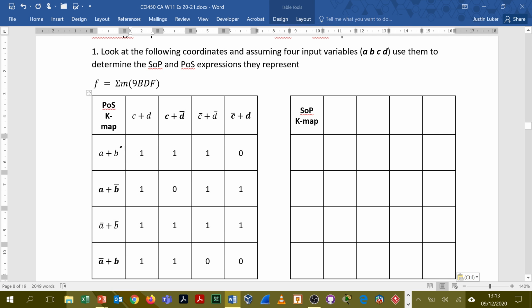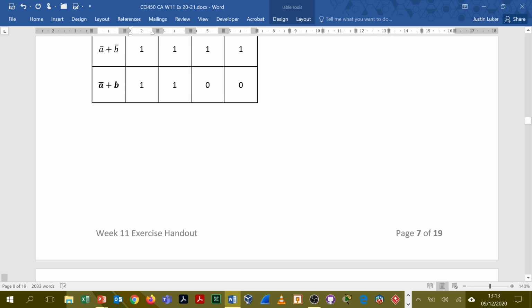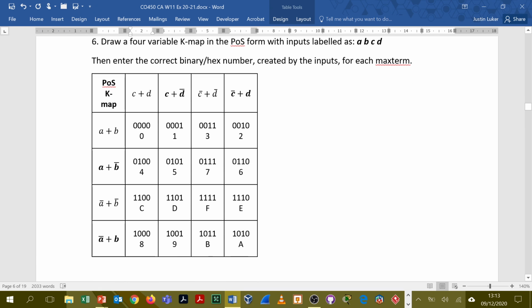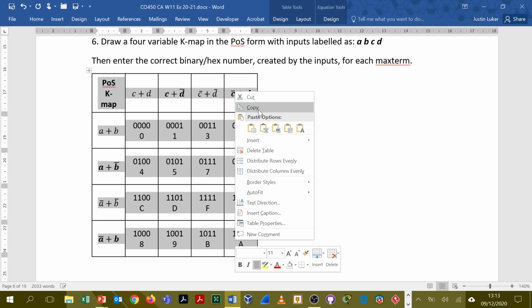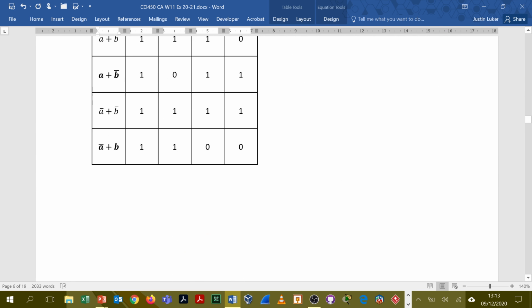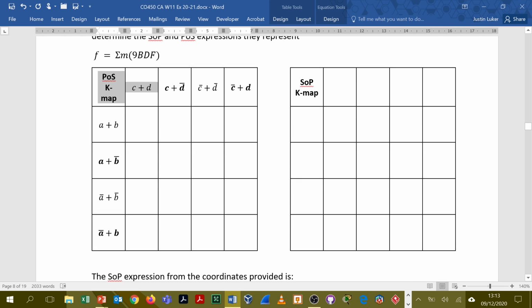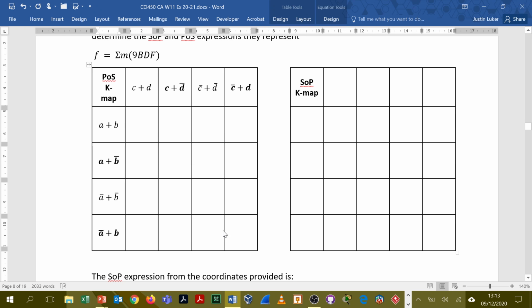Okay, so there's my coordinates. It would be easier, let's do it this way. You need to work out the coordinates first, which I've already done previously. So let's just take a copy of that, again for speed, because really, it's just a question. You've done this already if you've been working your way through, so you should be able to do that again without me having to go over it again. So I'm just going to put that in there.